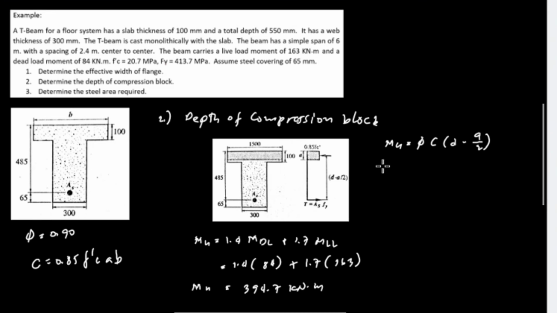And Mu, that's 394.7, is equal to 0.90 times 0.85 times 20.7 times a multiplied by the B effective, which is the effective width of the flange, that's 1,500, and effective depth, that's 485 minus a over 2.